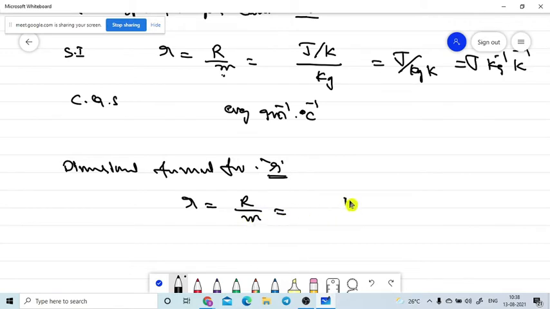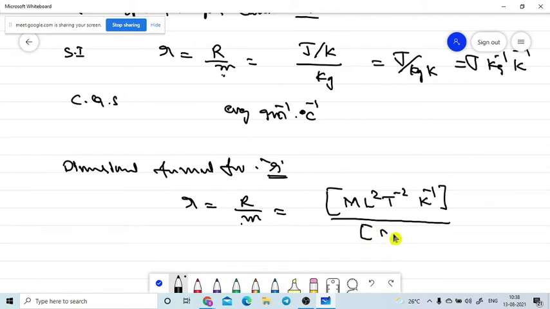Universal gas constant is M L square T power minus 2 K power minus 1. This is the R dimensional formula. Mass dimensional formula is M only. M cancels. Then r dimensional formula is M0 L square T power minus 2 K power minus 1. This is the dimensional formula for specific gas constant.